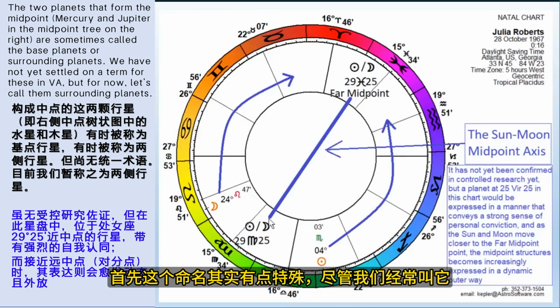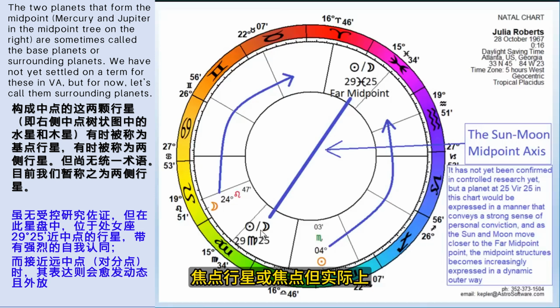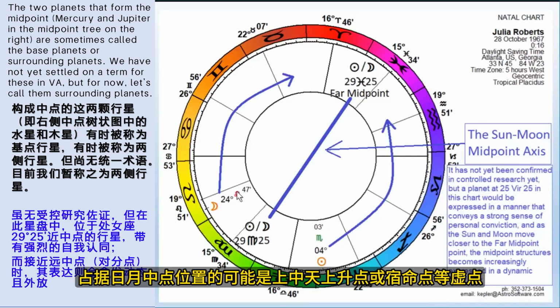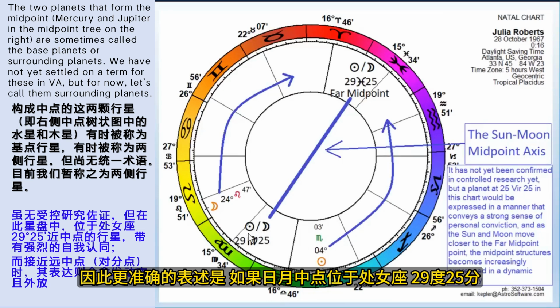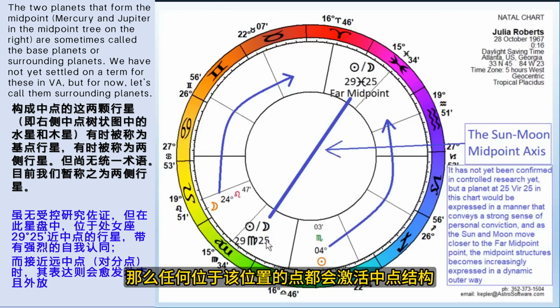Number one, we have a name, a queer name, that we often use, the focal planet or focal point, because maybe you have the Midheaven or Ascendant or Vertex or any number of other things at the midpoint of Sun and Moon. So really, more properly, we could say 29 Virgo 25 is the midpoint of Sun and Moon, and any focal point there creates the midpoint structure.